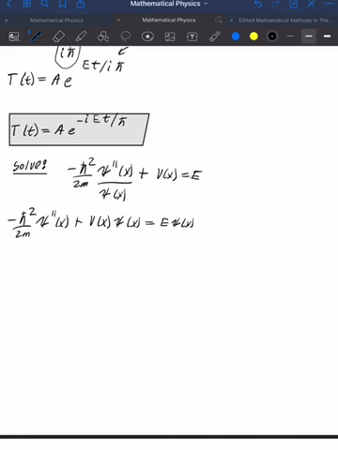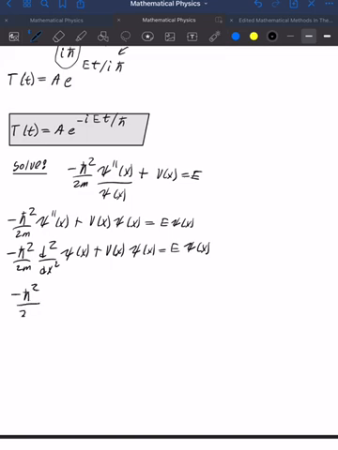Now, I want to show something here. I'm going to rewrite it so you can see a little clearer, and then I'll factor out psi of x on the left-hand side. You get minus h bar squared over 2m d squared dx squared plus V of x, times psi of x, is equal to E times psi of x.